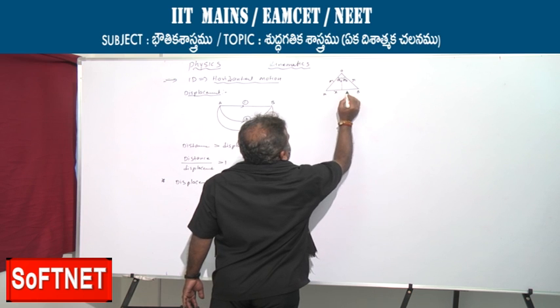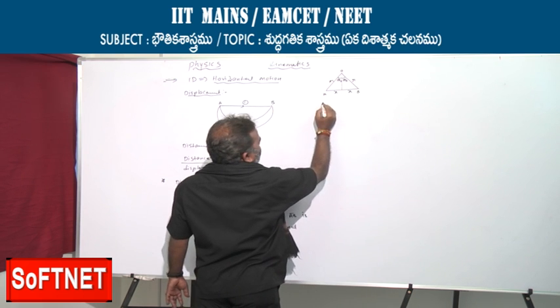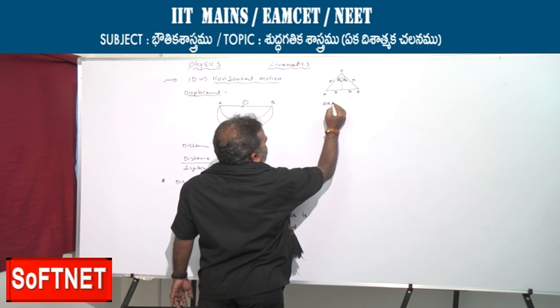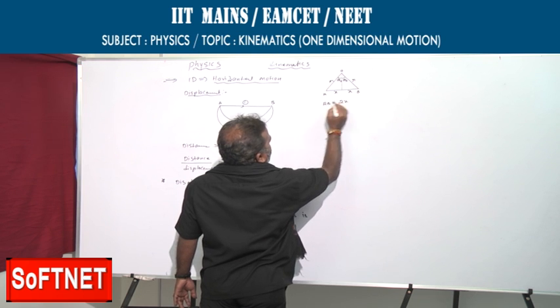Let us take this as x and this as x, so total displacement is equal to 2x.